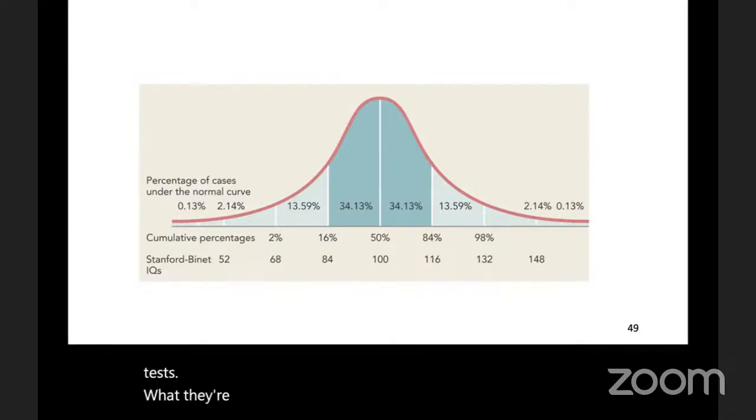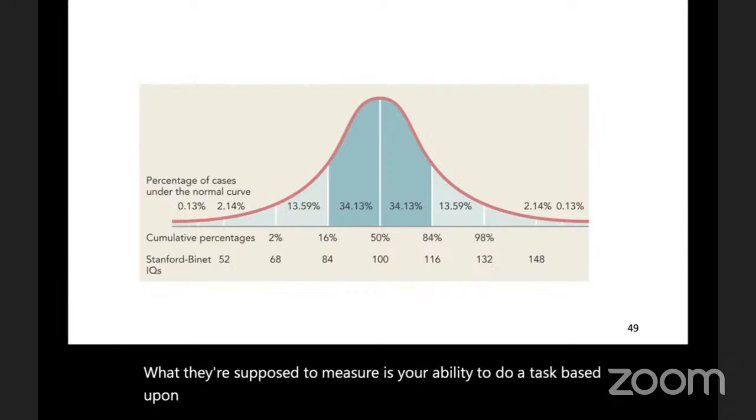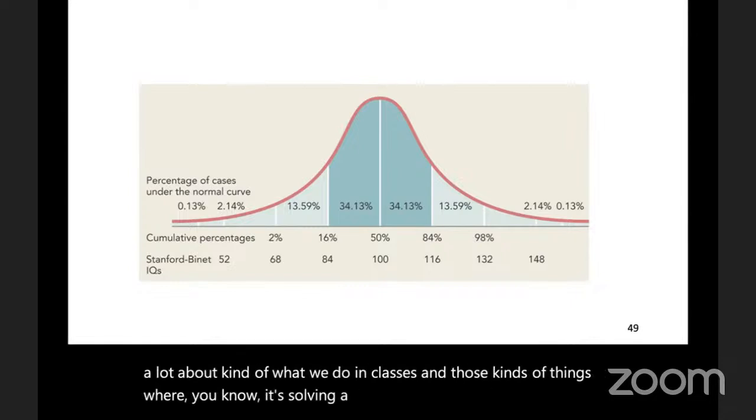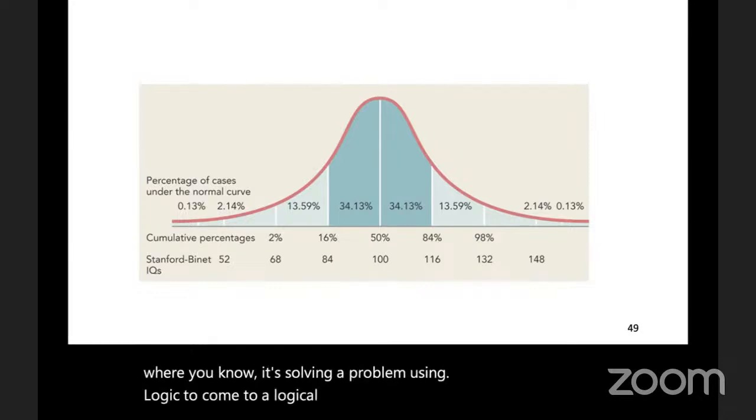What they're supposed to measure is your ability to do a task based upon the population. In a lot of the intelligence tests, they test a lot of what we do in classes, where it's solving a problem using logic to come to a logical conclusion.